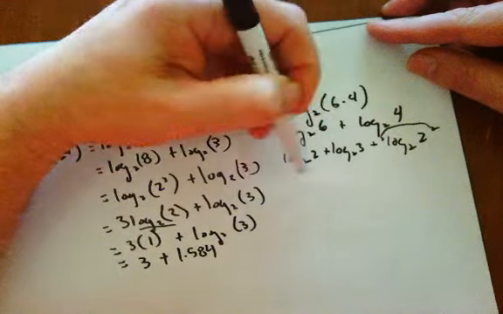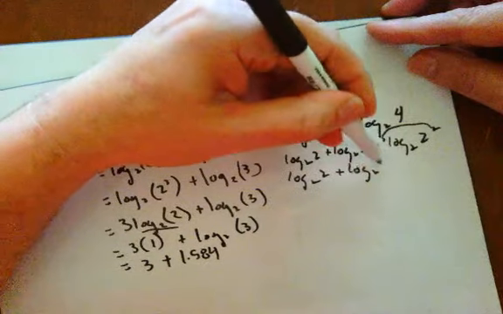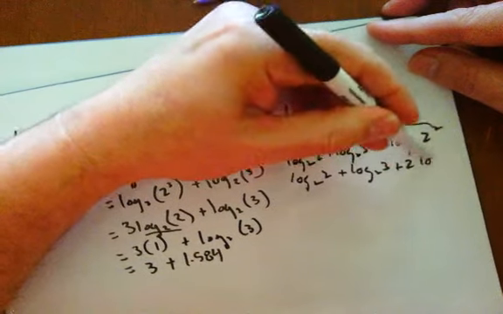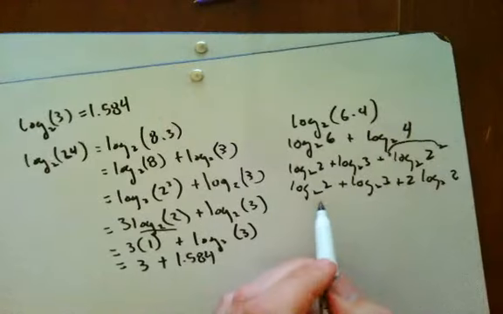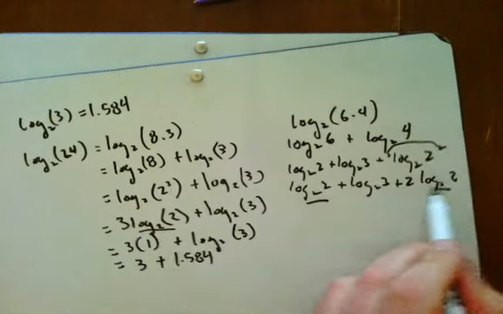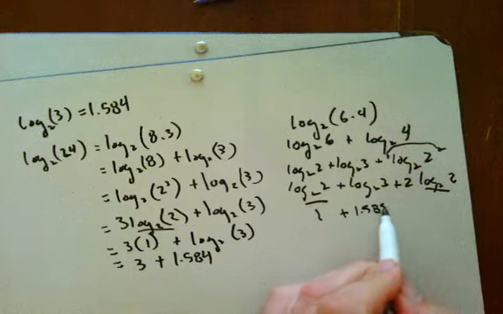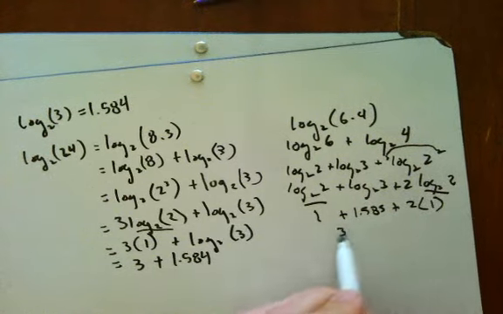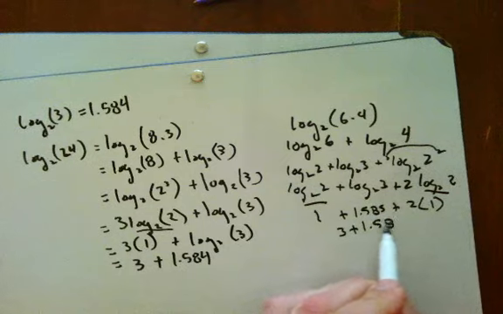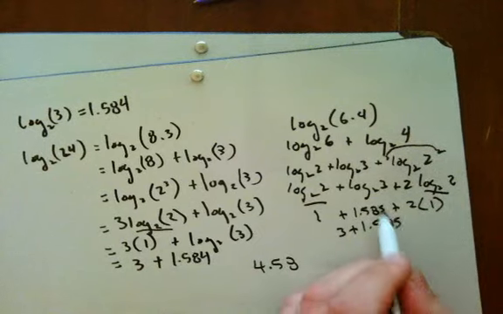We could use the power rule here and get log base 2 of 2 plus log base 2 of 3 plus 2 log base 2 of 2. And what I know is that log base b of b is 1. So I have 1 plus 1.585 plus 2 times 1, or 3 plus 1.585. In both cases, we get 4.58. Oops, 4.